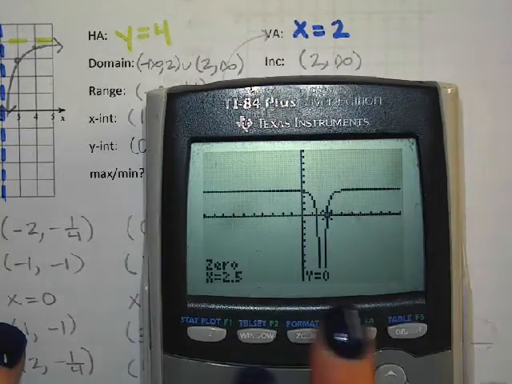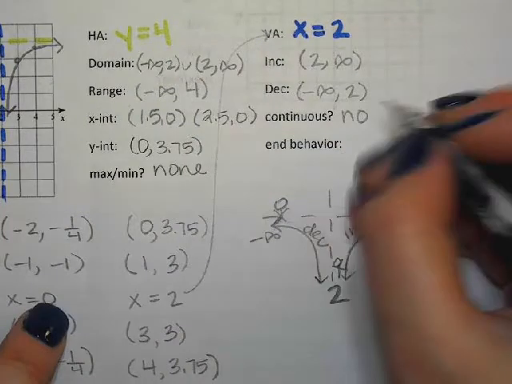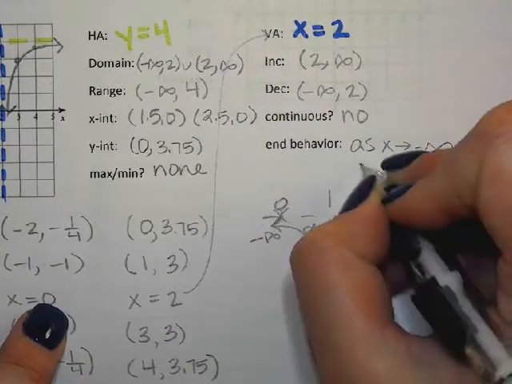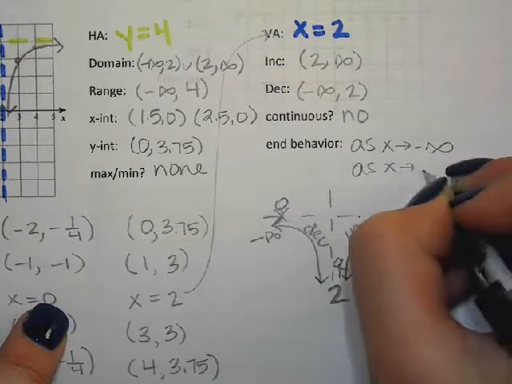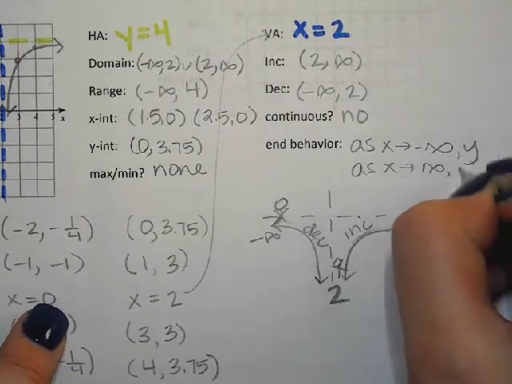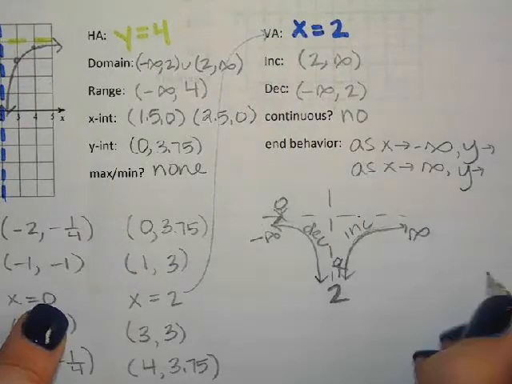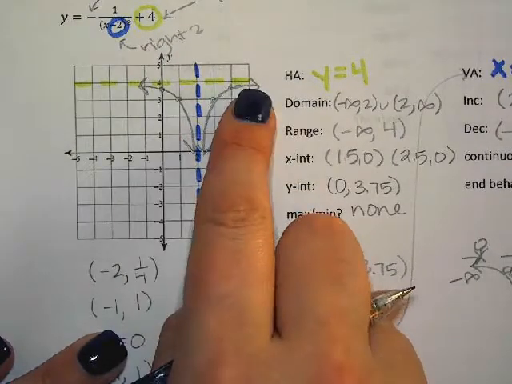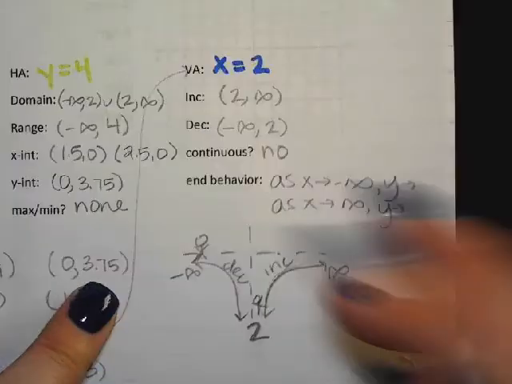Okay. The end behavior, so we're going to say as we look to the left, as we look to the right. So what y value is this one going to get close to on the left side? 4. And what y value on the right side? 4.